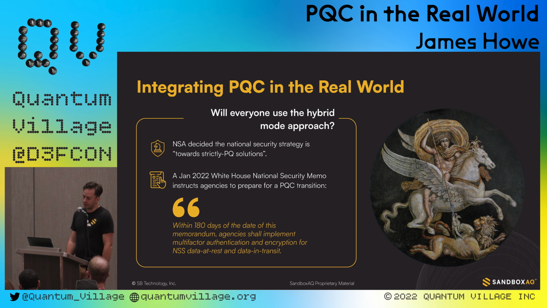So there's one example I can think of that is not actually going to go with the hybrid approach, as far as I know. The NSA have said this a few times, that they're going to go with a strict post-quantum solution approach, which has led to a bit of disagreement in the community. It'll be interesting to see if they continue to sort of go with that strategy.